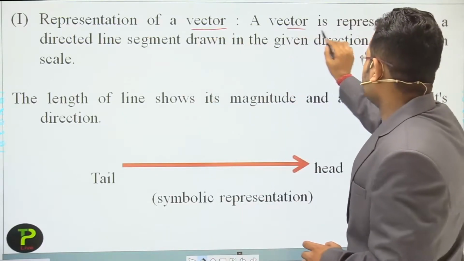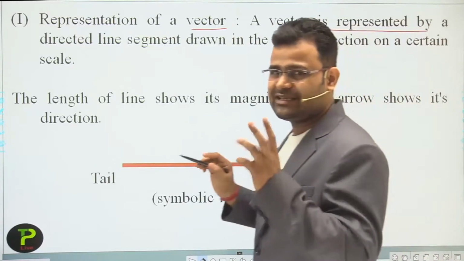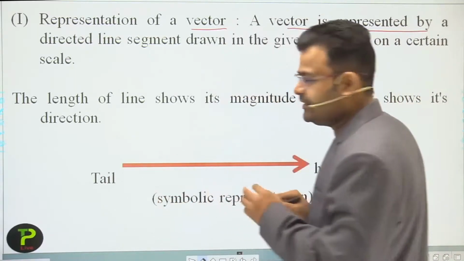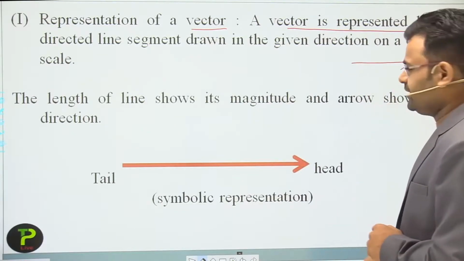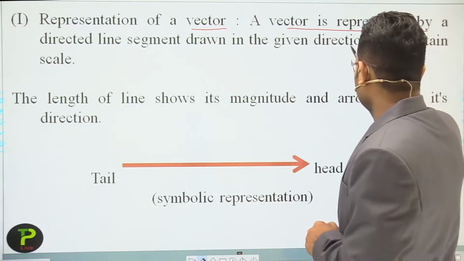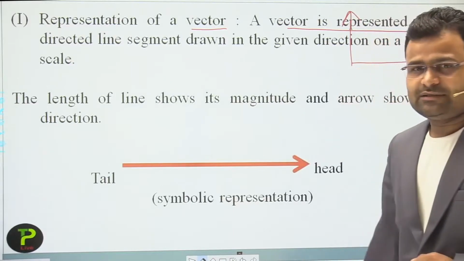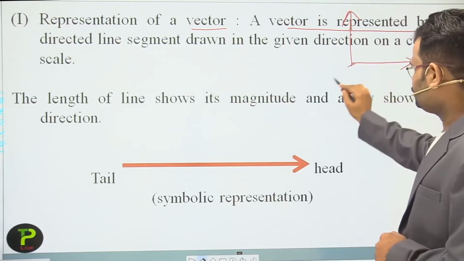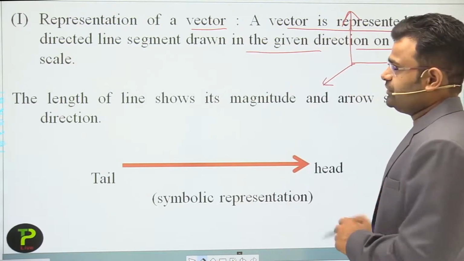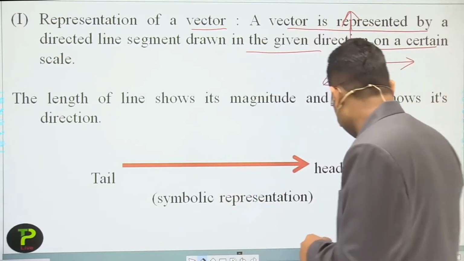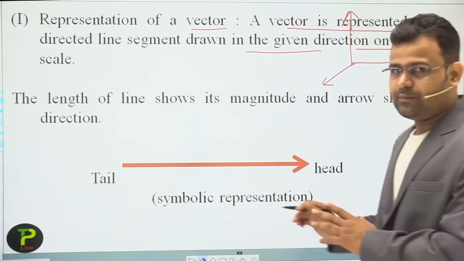To represent a vector, we require a straight line in the given direction. If you say the right-hand direction, then we make a line on the right-hand side. If you say upward direction, then we make the line upward, to show it on paper, in the given direction, at a certain scale. What is the scale, dear students? We will talk about that later.